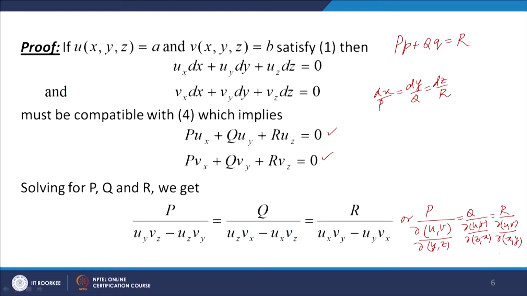So, we can write these ratios in the form of Jacobians: P over partial del(u, v) over del(y, z), and then del(u, v) over del(z, x), and then del(u, v) over del(x, y).